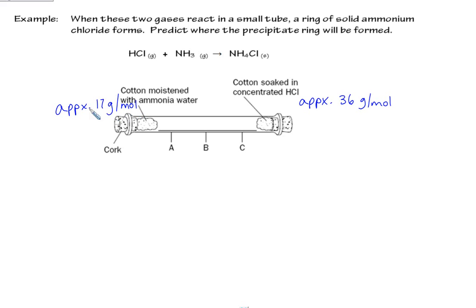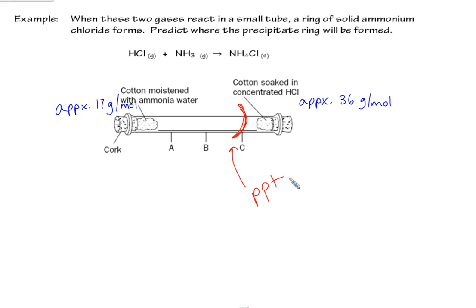Okay, so I know the ammonia molecules are smaller, they're lighter. They should travel faster. I should expect a precipitate to form somewhere closer to C. So this would be my precipitate. It's like a white solid.